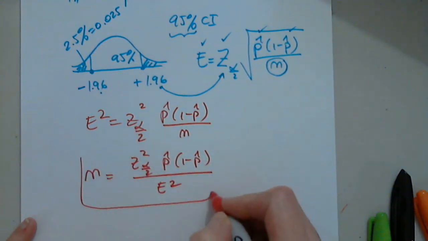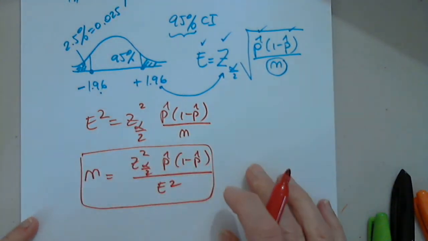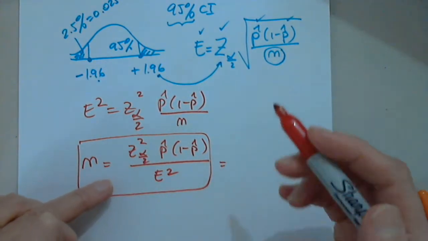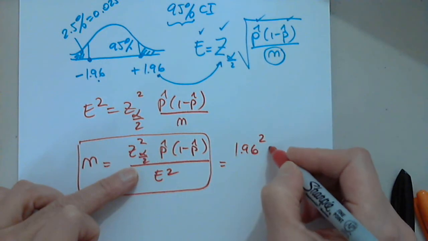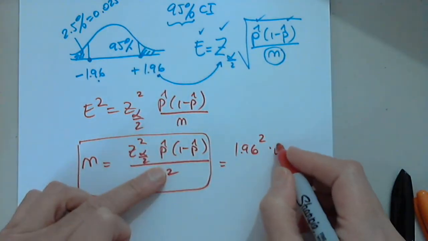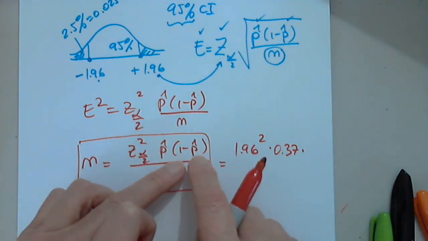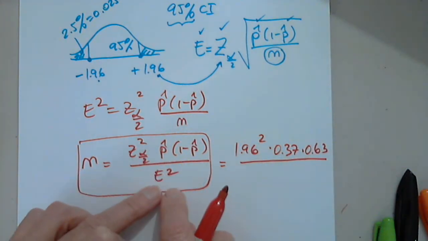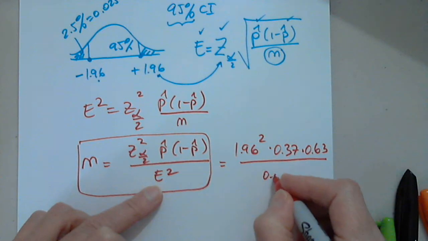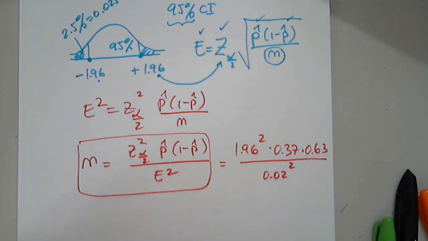So this is the formula. So what I plug in is Z 1.96 squared times p hat 0.37 times 1 minus 0.37, 0.63 over the margin of error, which is given to us as 0.02 squared.